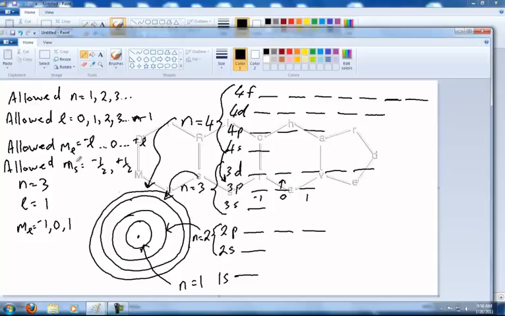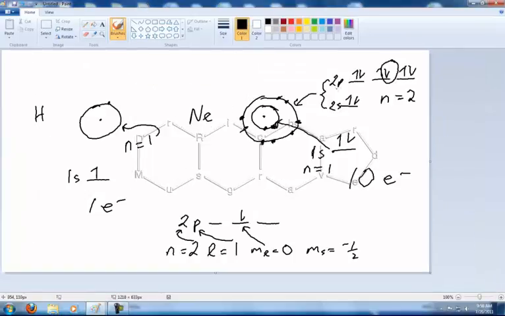Alright, so these are all the different allowed values, and as I said, we can use this to locate an electron. So if I want to locate this particular electron, then the four number set I would use would be n equals 2, L equals 1 because it's in the p orbital.